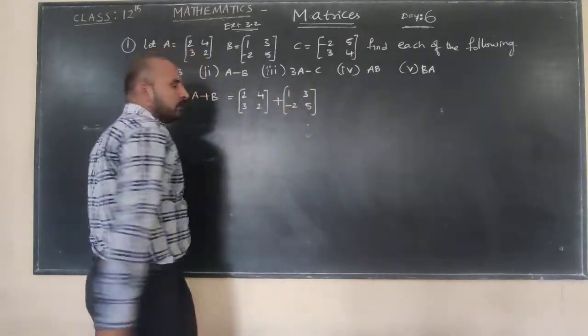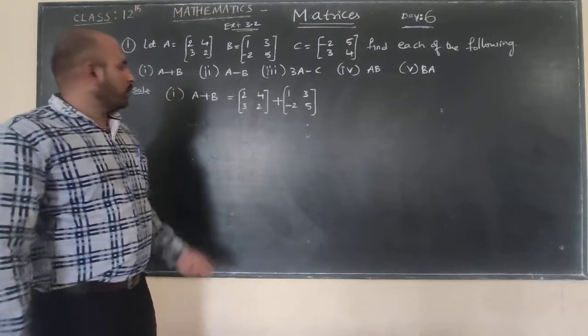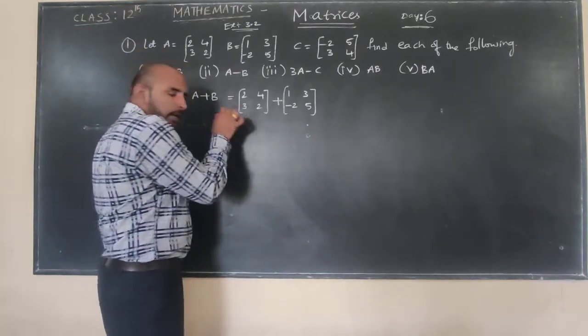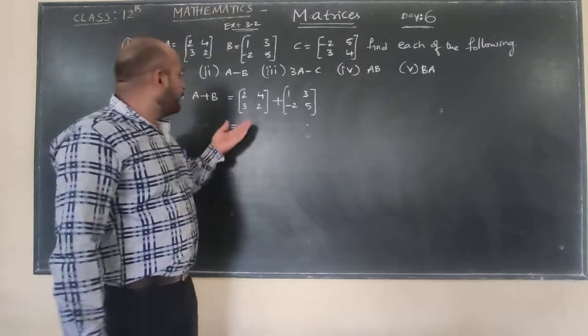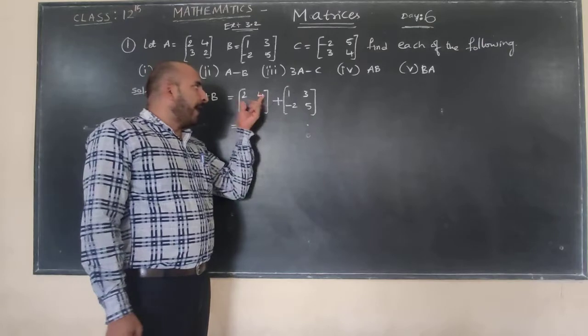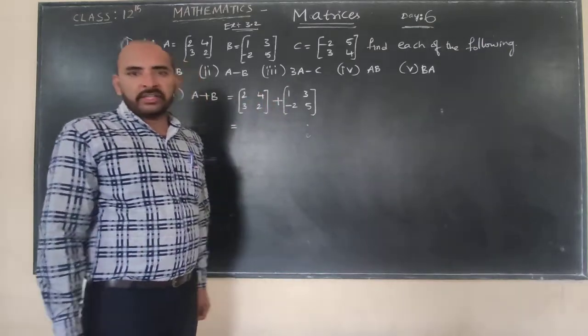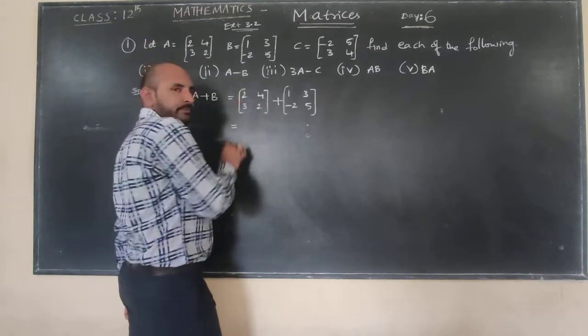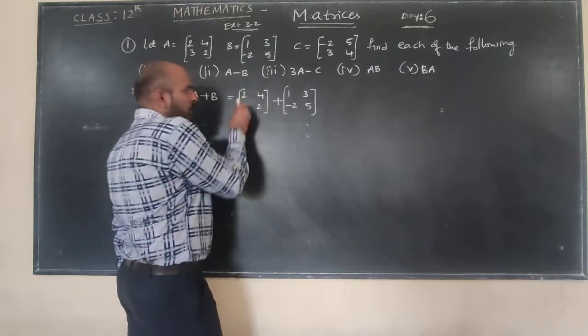Both matrices are of the same order. So now let us find the addition. How to add two matrices? By adding the corresponding elements; corresponding positions must be added in both matrices.